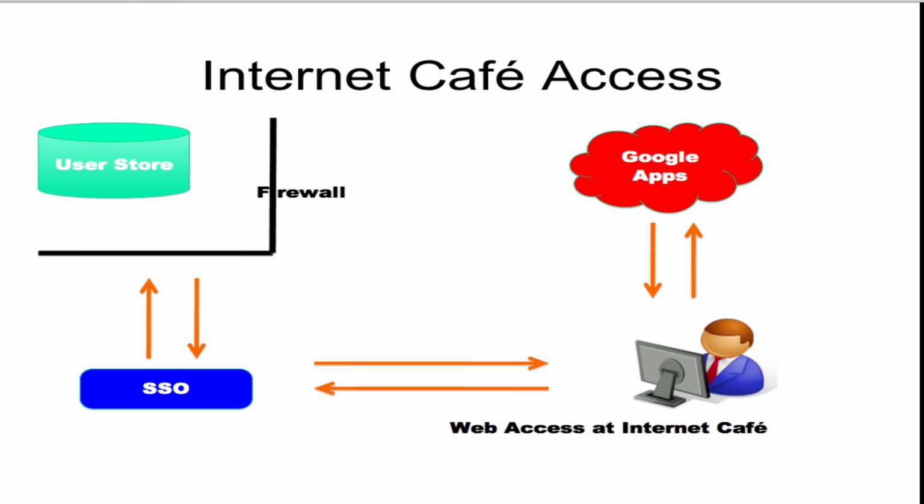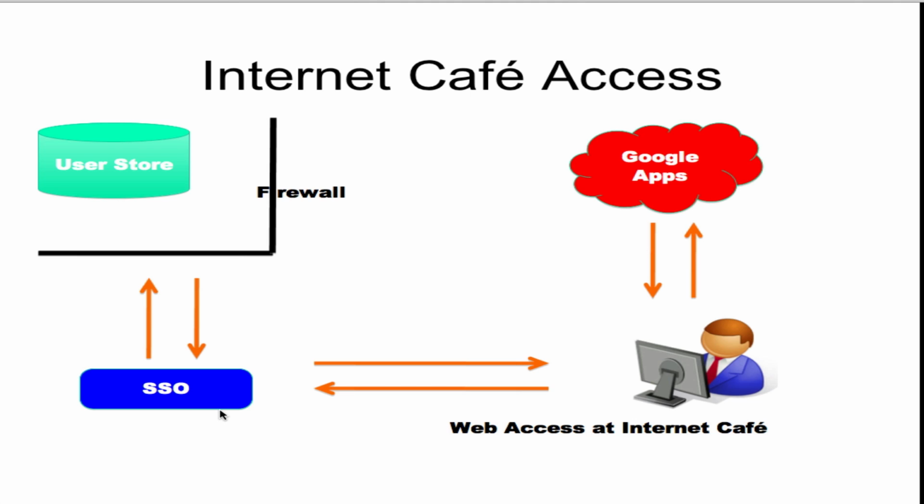But let's take a look at this. If you're implementing single sign-on and you want to have or not want to have access to the single sign-on system, that's the key piece we're showing here. We have the user, and the user is accessing Google Apps. The note here is that the single sign-on system is outside the firewall. Because it's outside the firewall, the user will have access to the single sign-on system.